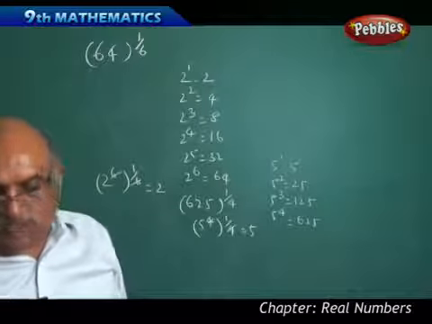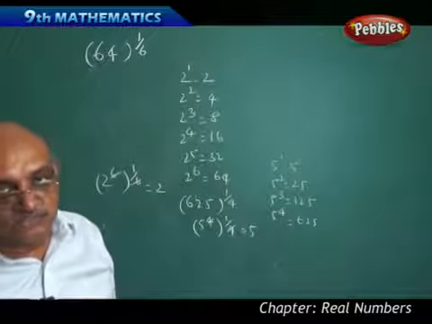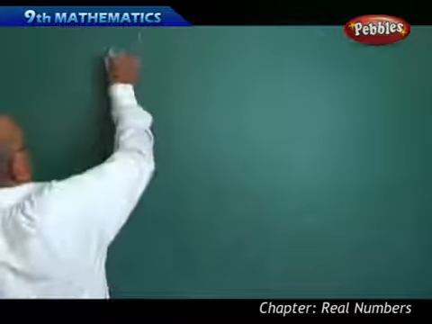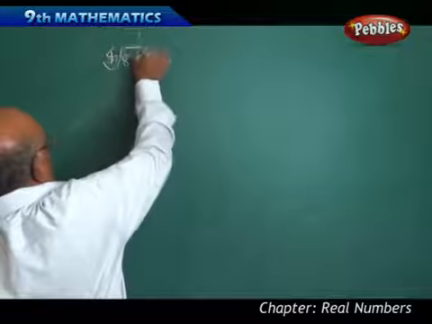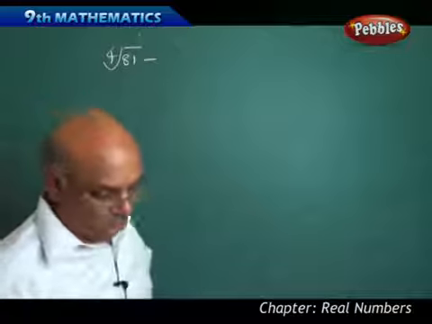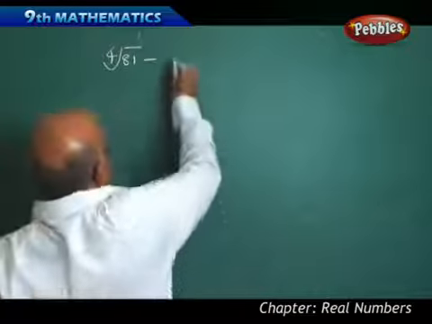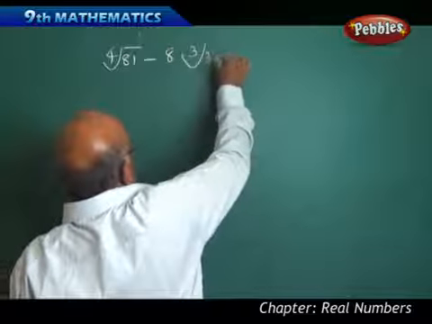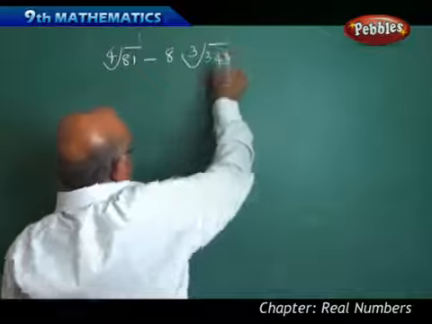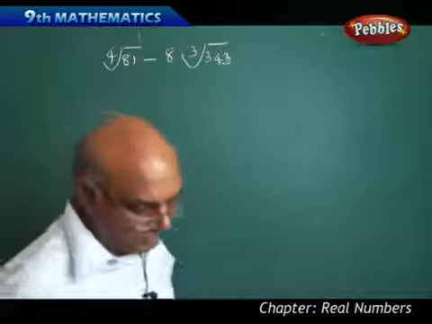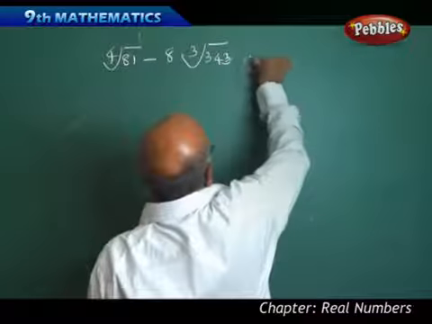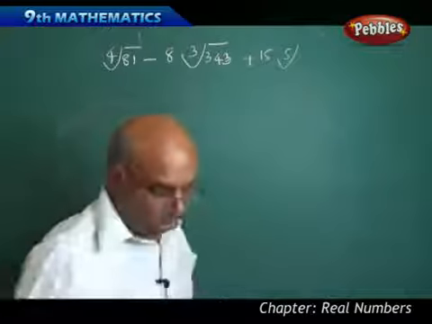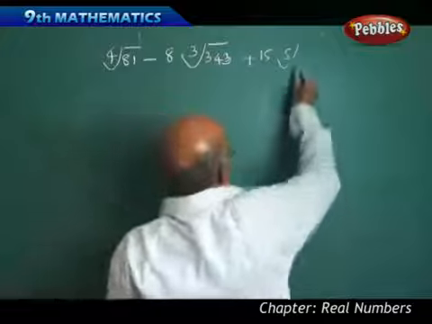Now, we want to find out the value of 4th root of 81 minus 8 into cube root of 343 plus 15 into 5th root of 32.